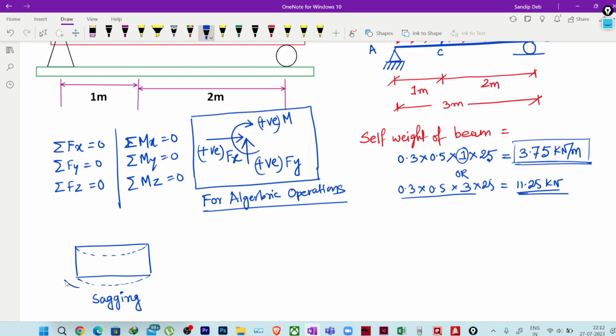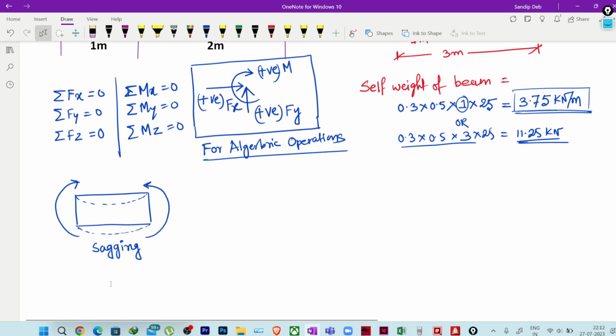The moment we are getting here is something like this. So we will consider this sagging as positive. Just keep the algebraic equation apart.